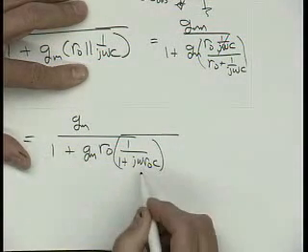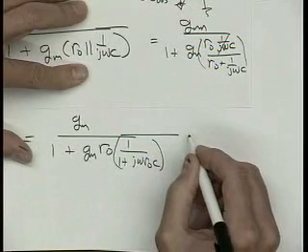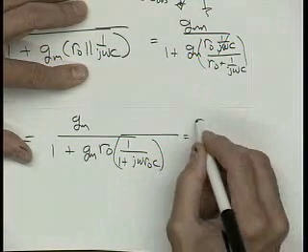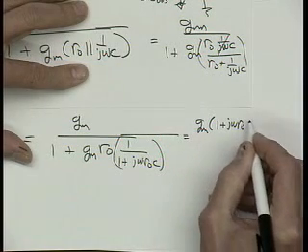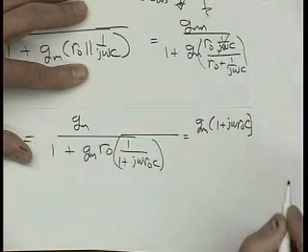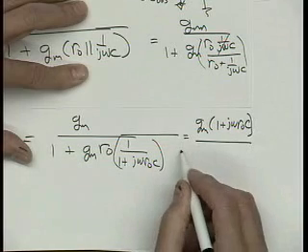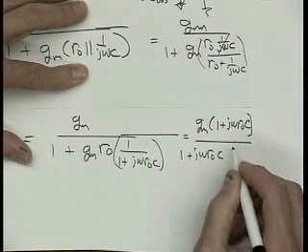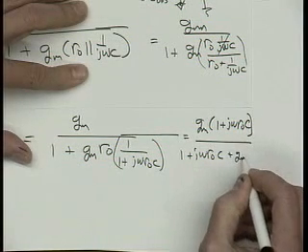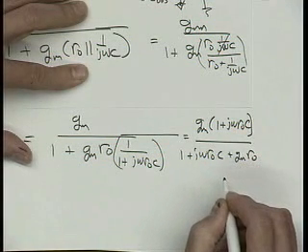Let's multiply top and bottom by 1 plus j omega R0c. So GM times 1 plus j omega R0c over 1 plus j omega R0c plus GM R0.